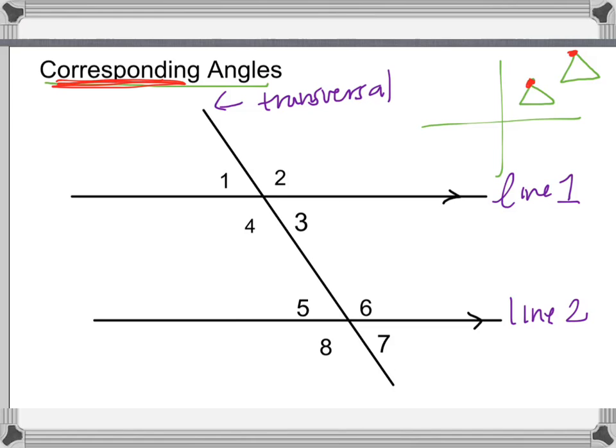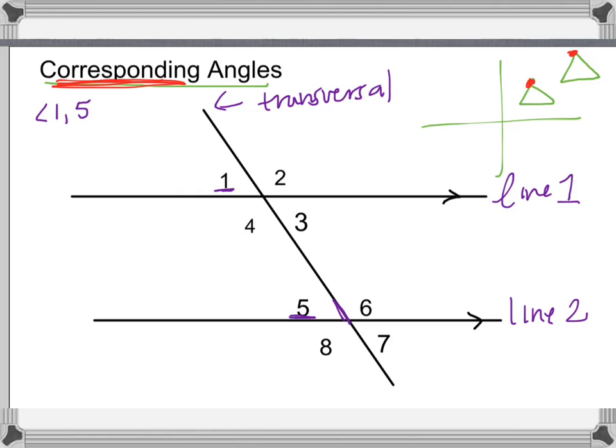Okay, so in line 1, the angle that's to the left of the transversal and above it is angle 1. Now, in line 2, the angle that's to the left of the transversal and above the line is 5. So a pair of corresponding angles here are 1 and 5.